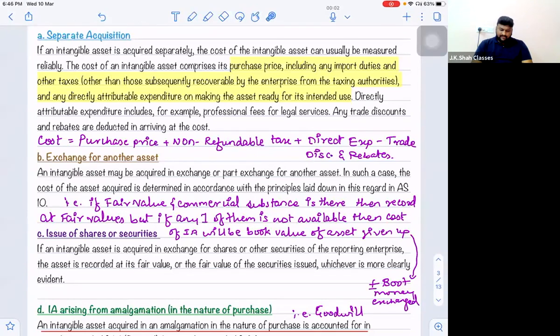See, what will generally happen when you record at the fair value, always there will be a difference between the fair value and the book value. Because what will happen? New asset account debit to old asset. This is the journal entry that you are going to pass. Now the new asset you will be showing at the fair value. Say for example, the new asset is for 30 lakh rupees. So new asset account debit 30 lakhs. Now the fair value of the old asset is not 30 lakh. Say it is only 20 lakhs.